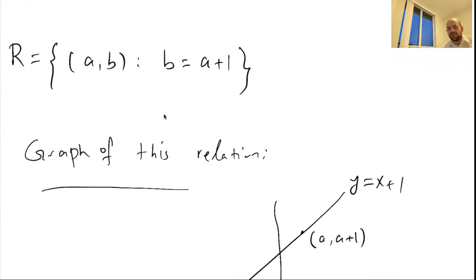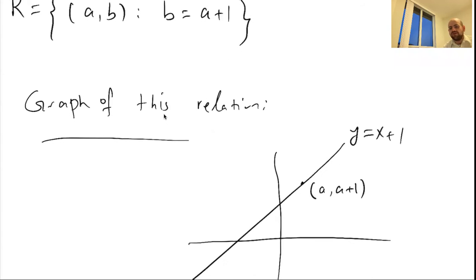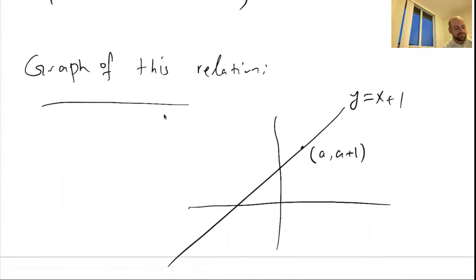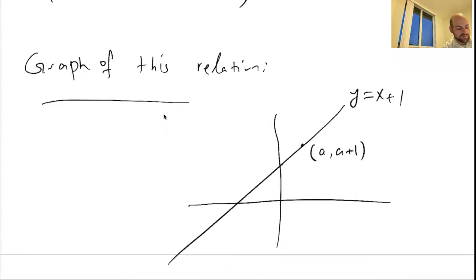So if I want to sketch the graph, I need to sketch the graph of Y equals X plus 1. Any point on this graph is of the form (A, A plus 1), where A is some real number. This point here, for example, is (0, 1). This point could be (1, 2), and so on.